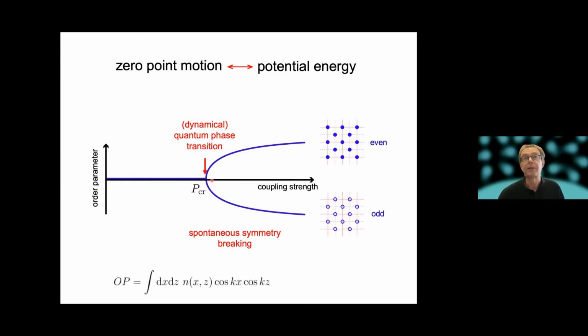Above the phase transition, the system can lower its energy by coming up with a density ripple, lowering its energy since there is an additional field in the cavity, which due to its AC Stark shift lowers the energy. So you have this competition between zero-point motion and potential energy that drives the phase transition.